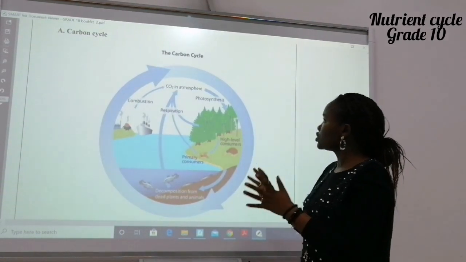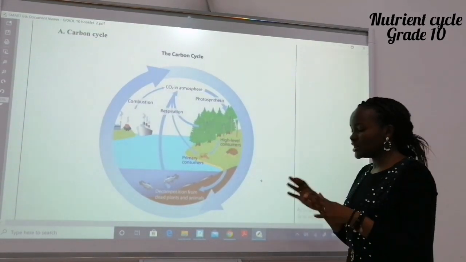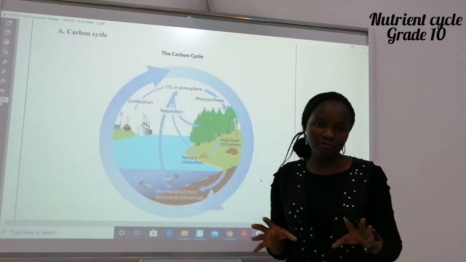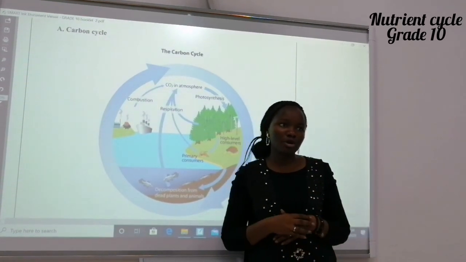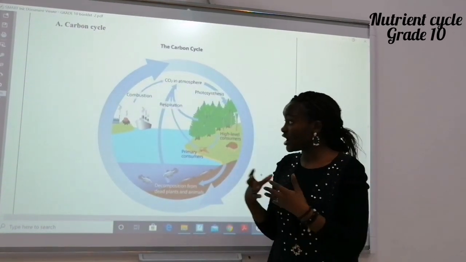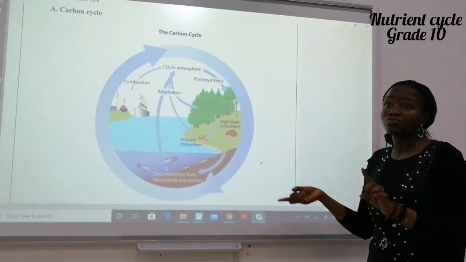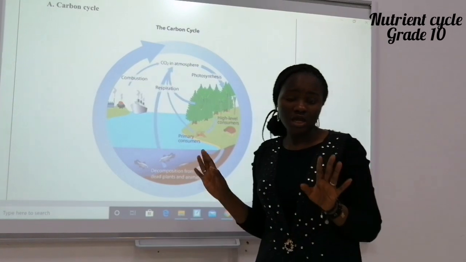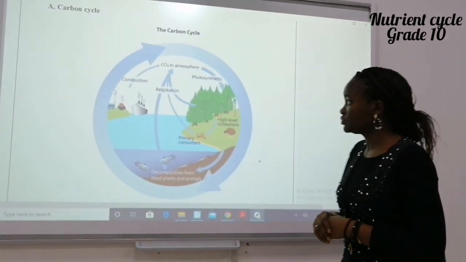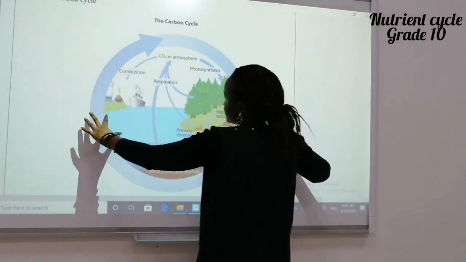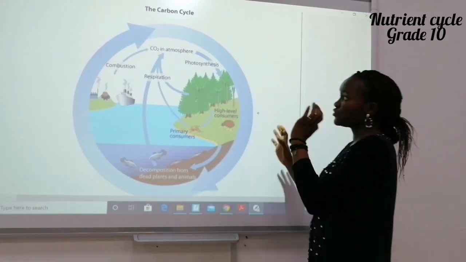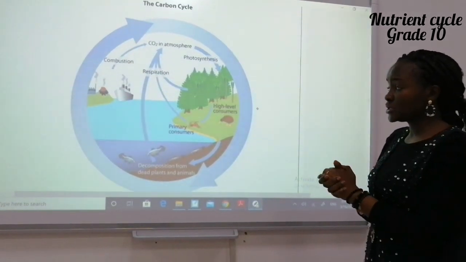All right. We know that living organisms are made up of carbon. They have carbon in all tissues. So how does this carbon go around and never finish? That is what we are going to discuss today. This diagram shows an overview of the carbon cycle.